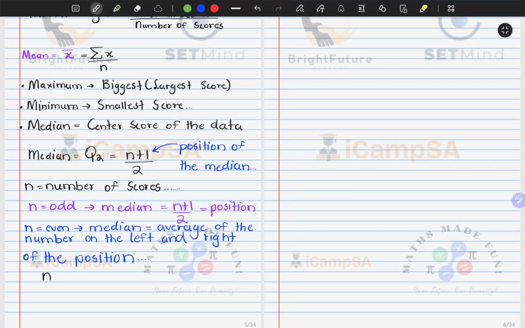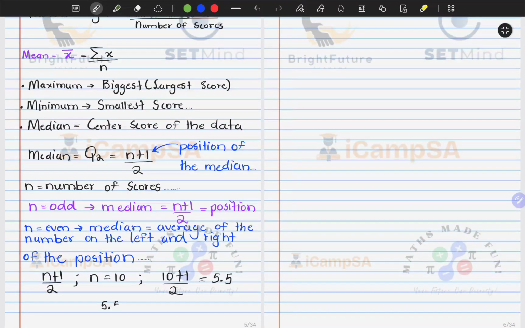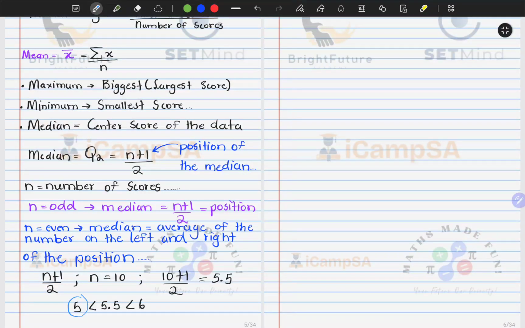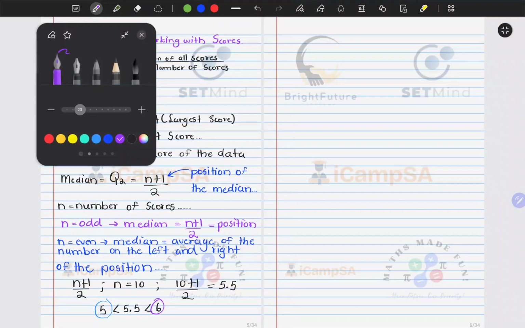Let's say when we calculate n plus 1 over 2, we assume an n value of 10. This means we're going to have 10 plus 1 divided by 2, which gives you 5.5. When you look at 5.5, you will see that it's less than 6 but greater than 5. So if I rearrange my data, I'm going to take the value at position number 5 plus the value at position number 6 and divide it by 2. That is very important for you to understand.